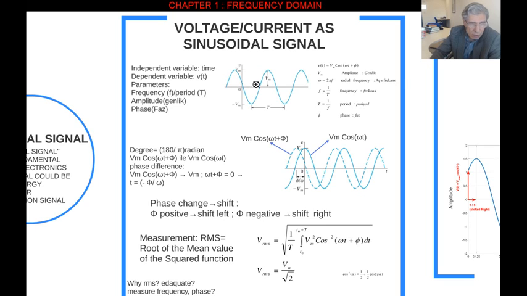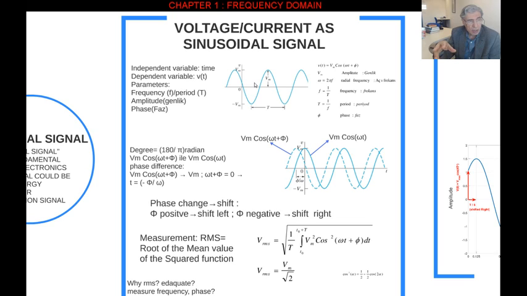So in general, if there is a signal, normally to measure the value of that signal, if it is changing with time, it's not easy to observe with an analog meter, because if it is changing a bit faster, you can't follow it by eye. So what we normally do is get the average of that signal. That average is the area underneath the function.